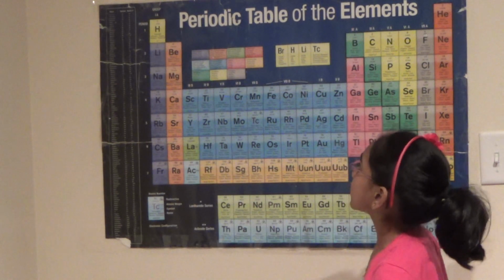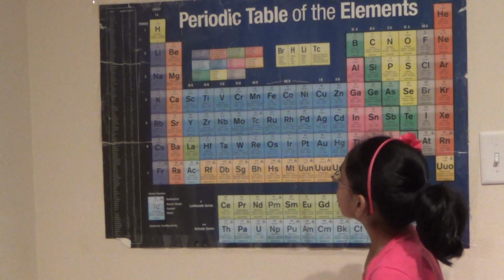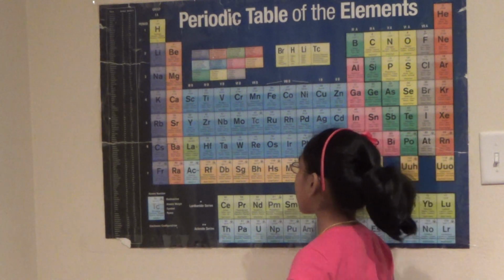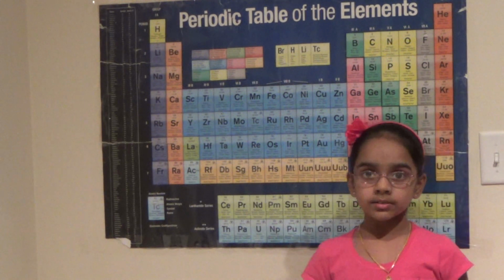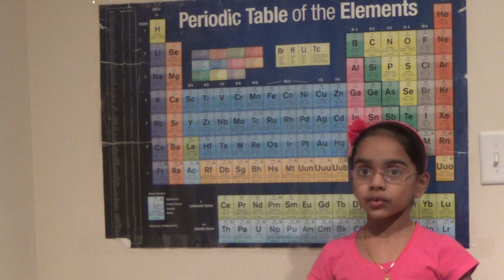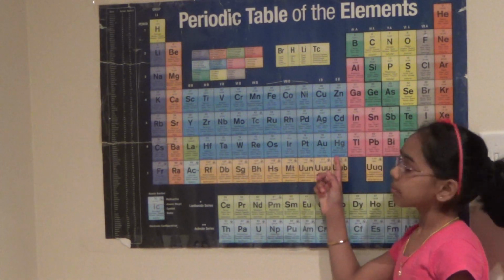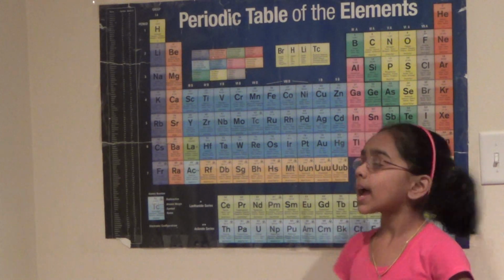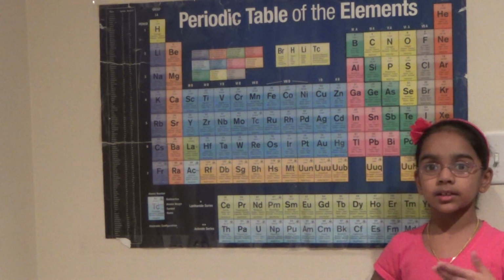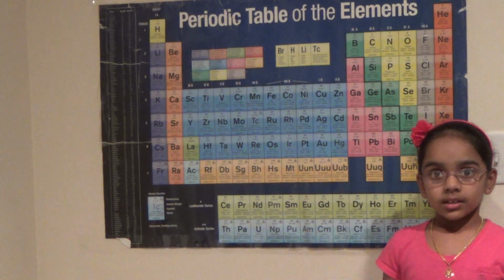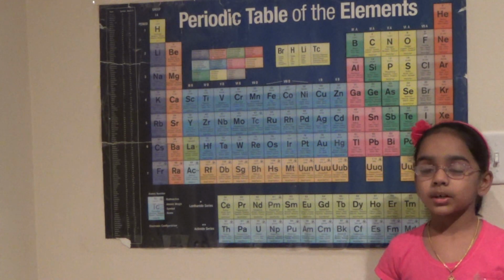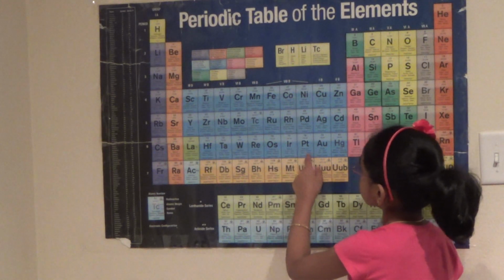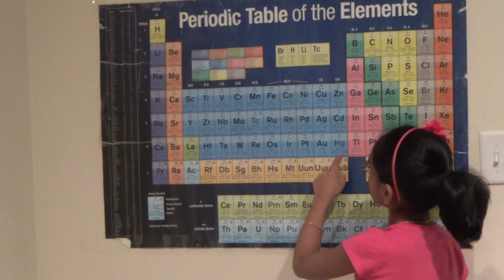Let's just move on to this huge block over here. This huge block is called the transition metals. They are very good metals. They are all metals except this one, mercury. But if you freeze it, it turns into a metal. And some of them are in objects that we use every day: platinum, gold, silver, and mercury.